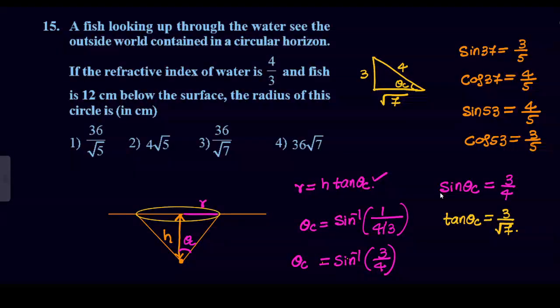How much will come then? So r is equal to h. What is the h value now? 12 centimeters. Yes, 12 into 3 by root 7. Isn't it? So this value is equal to 36 by root 7 centimeters.